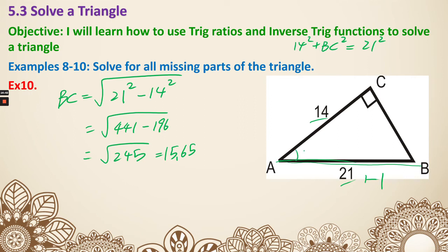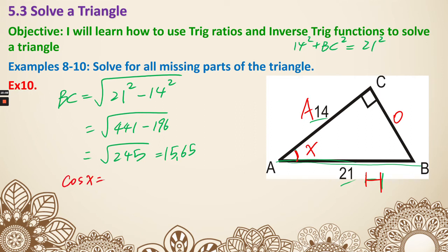Next, I'm going to find an angle. Let's start with this angle. It doesn't quite matter which angle you want to use, but based on the angle you choose, of course, your opposite and adjacent is going to change. So I'm going to use this as my x. That means this is my opposite, that's my adjacent, and this is still my hypotenuse. Now, I'm not going to use the opposite side since that is a rounded answer, so I'm going to use adjacent and hypotenuse for my x.